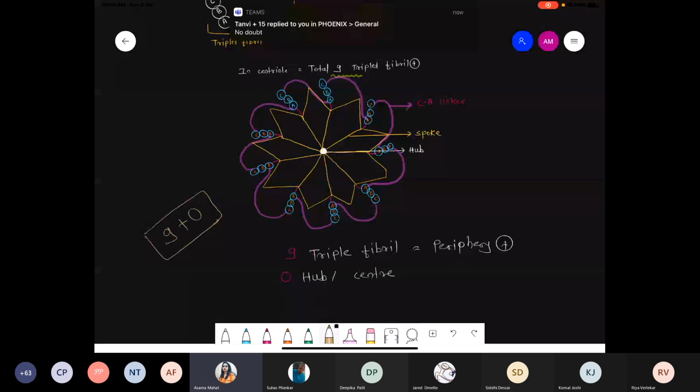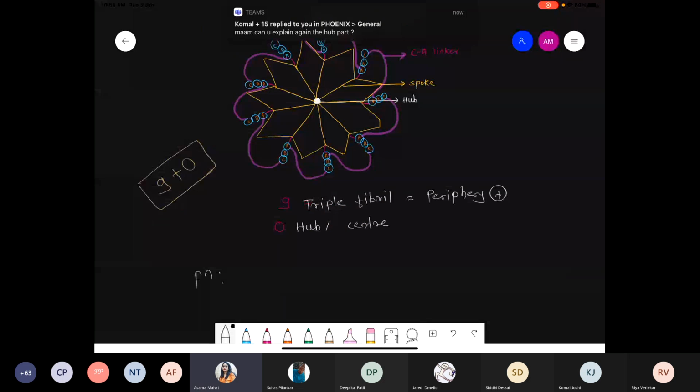So quickly we are talking about functions. You know very well, basically they help in cell division because they form spindle fibers. They form spindle fibers during cell division.